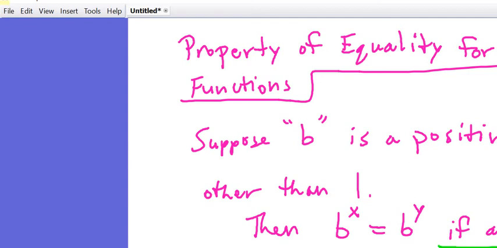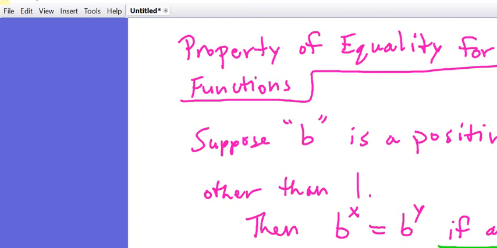First, that if b to the x equals b to the y, then x equals y. And I would also have to prove it the other way, the converse, which says that if x equals y, then b to the x is also equal to b to the y. So I would have to prove it both ways. That's not something we have to worry about in this class, but that's the way it works in mathematics.